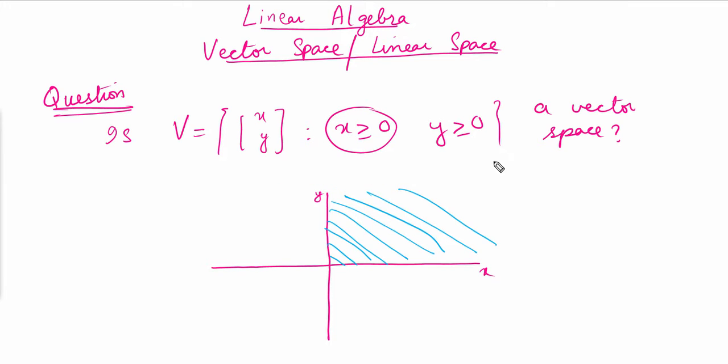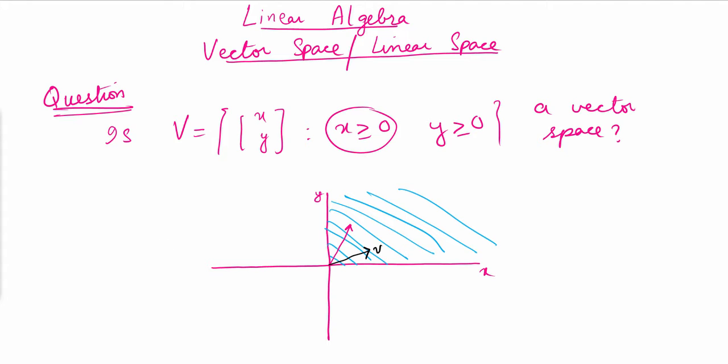For that purpose, I will consider two vectors and try to see whether they follow the properties that we have just discussed or not. So let's suppose we have two vectors. Now let's suppose vector u is over here and this is vector v.